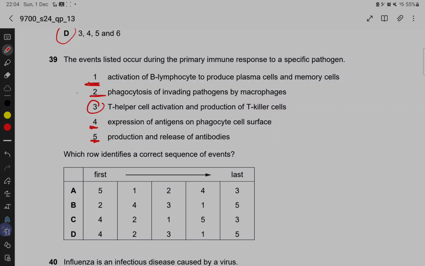A macrophage is going to kill it. So this is going to be the first one. Then after that, you have your expression. Then this will be third, fourth, and fifth. Okay. Yeah, lines up with B.